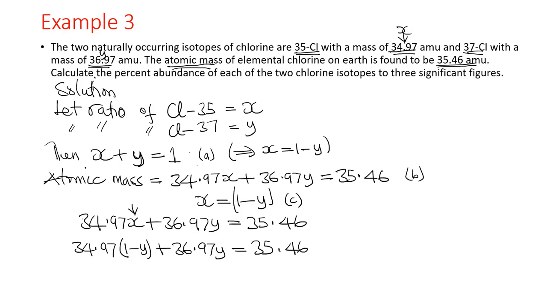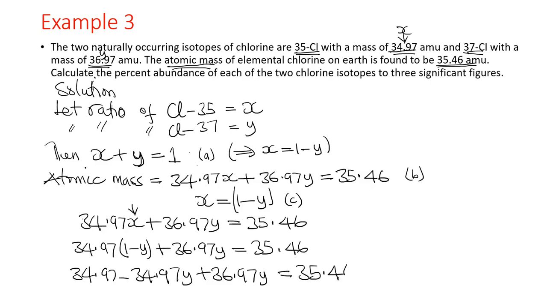Then I remove parentheses. 34.97 minus 34.97y plus 36.97y is equal to 35.46.